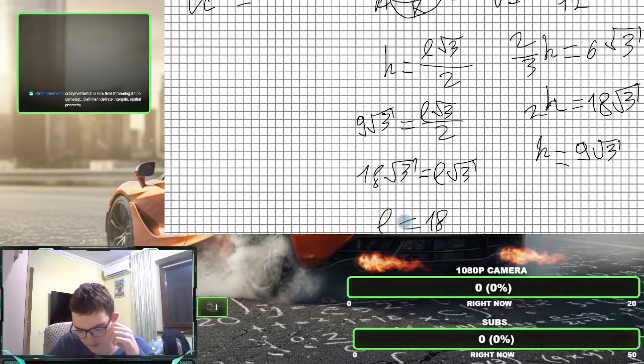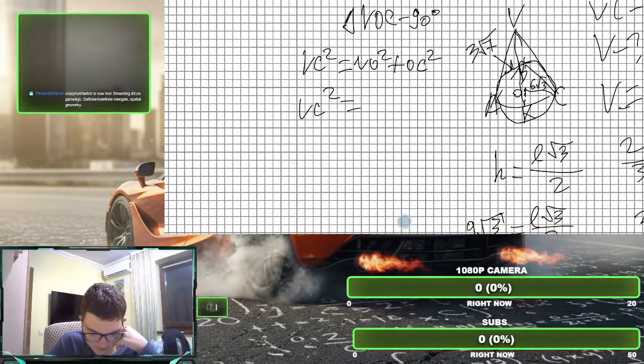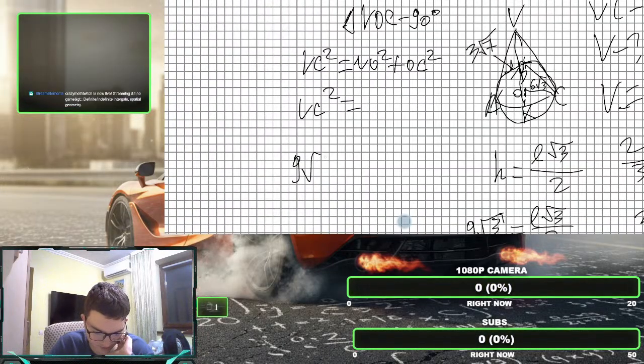Height is 9 square root of 3. 9 square root of 3 at the power of 2.